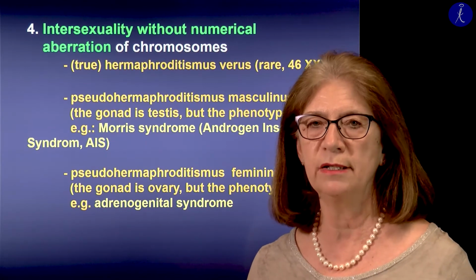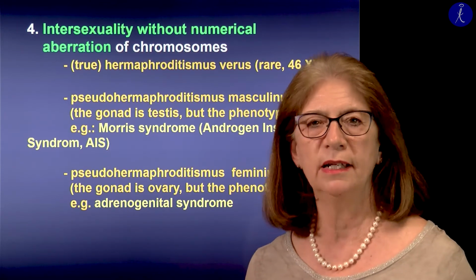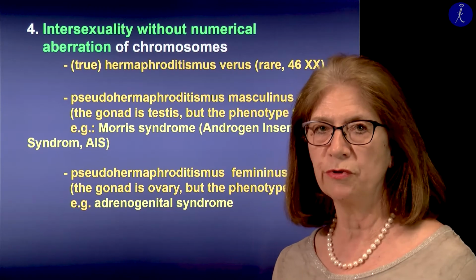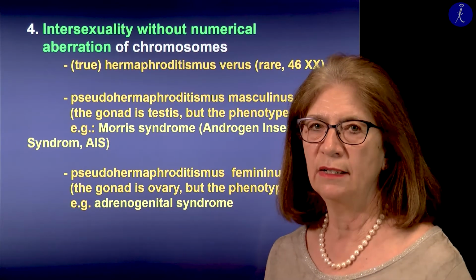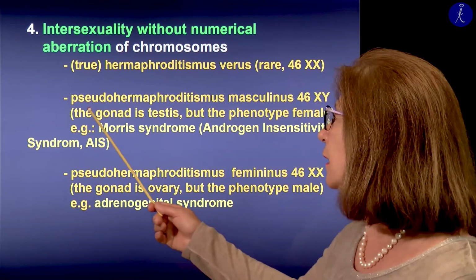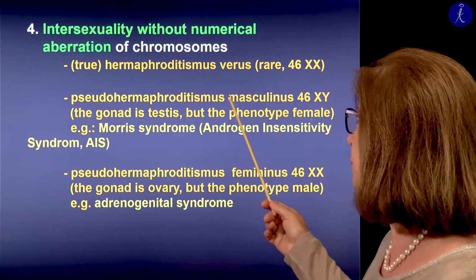So as I told you, it's extremely rare, and they have both male and female characteristics, and in the gonads you may find also both types of tissues. The more common problems are the pseudo hermaphrodites, and from these we have also 2 kinds. Pseudo hermaphroditismus masculinus.